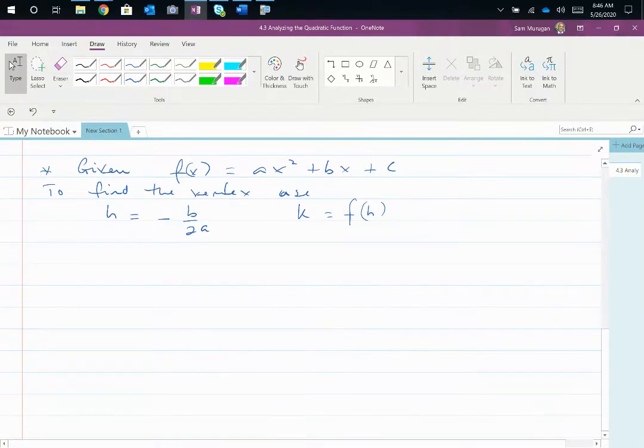So now we can do an actual example, yeah? Find the vertex and axis of symmetry.